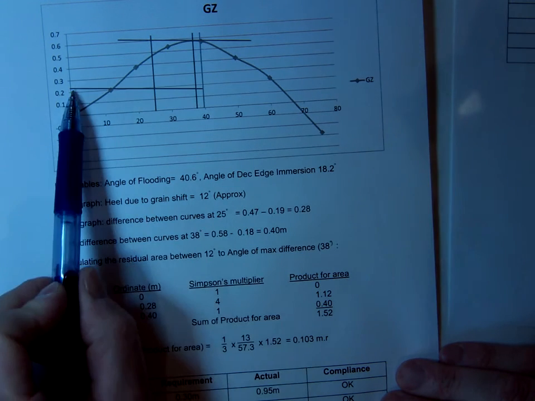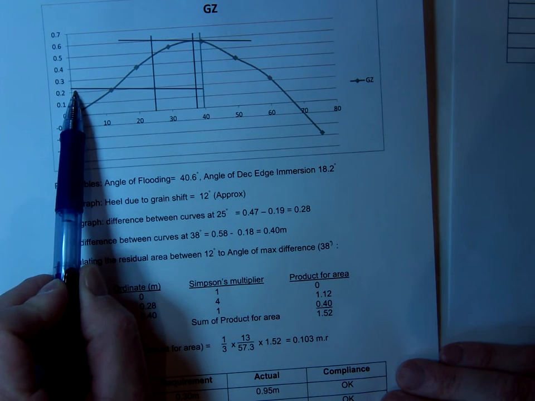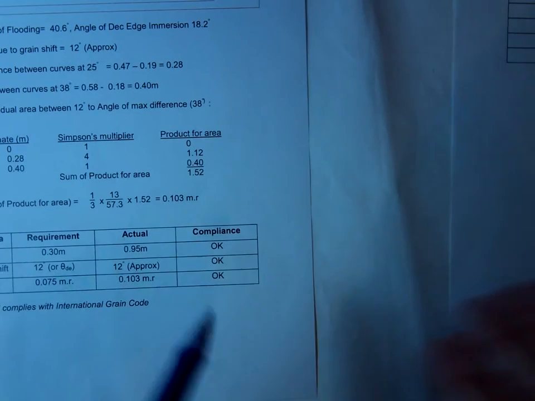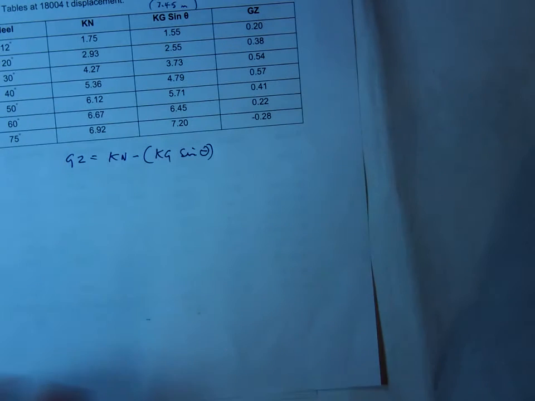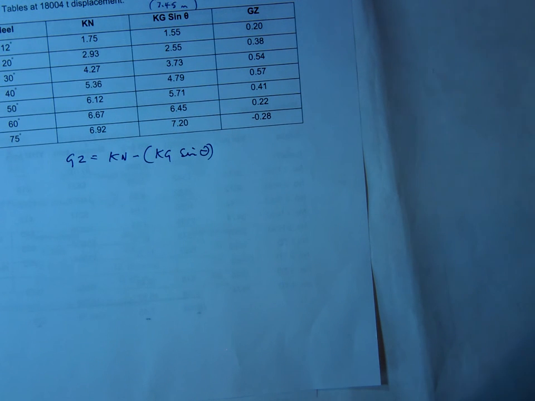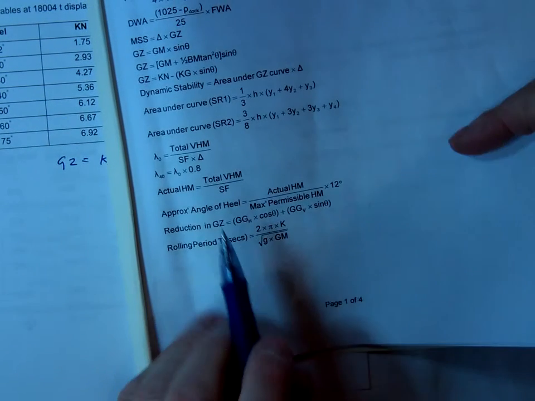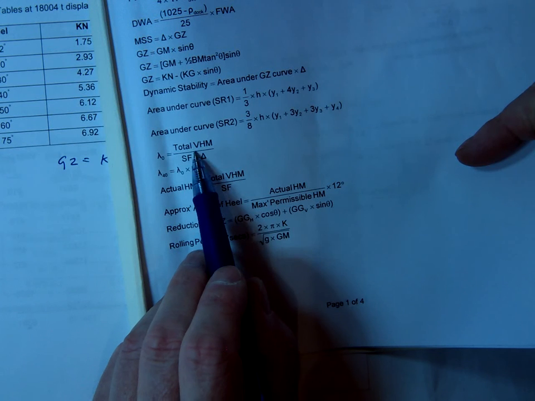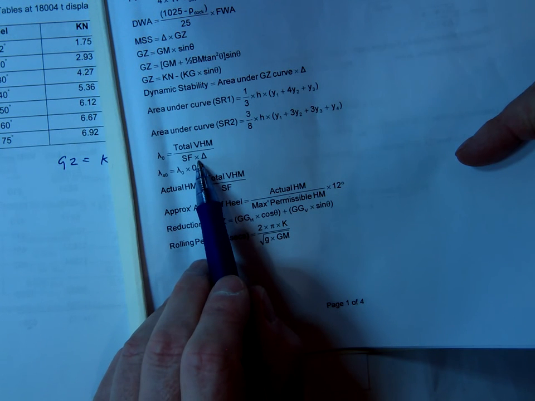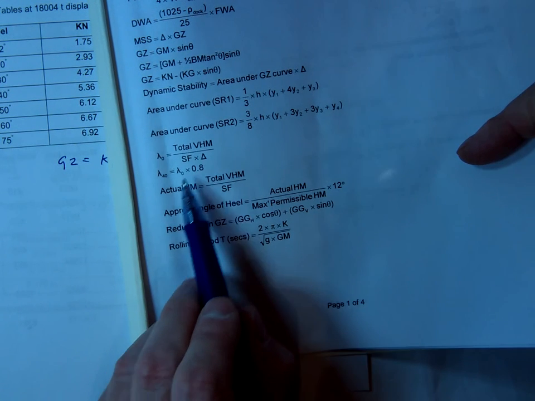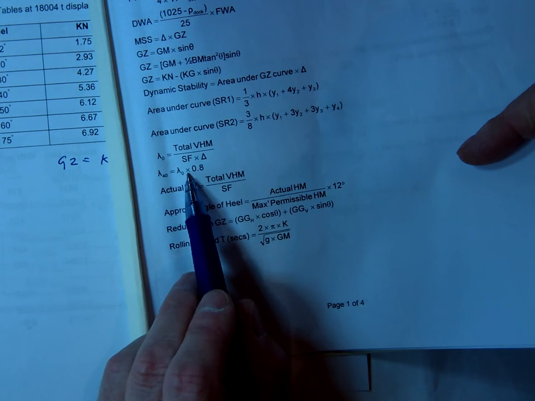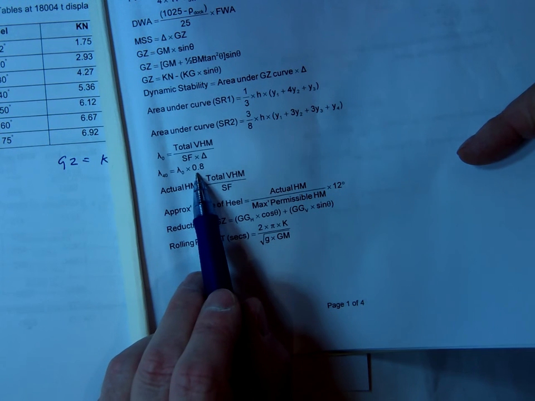Now this particular one here is what we call our heeling arm, or that we get with the values of lambda. Now if we look on our formula sheet, we'll see that lambda at 0 degrees is our total volumetric heeling moments divided by the stowage factor times the displacement, and lambda at 40 degrees is lambda at 0, which we've just calculated, multiplied by 0.8.